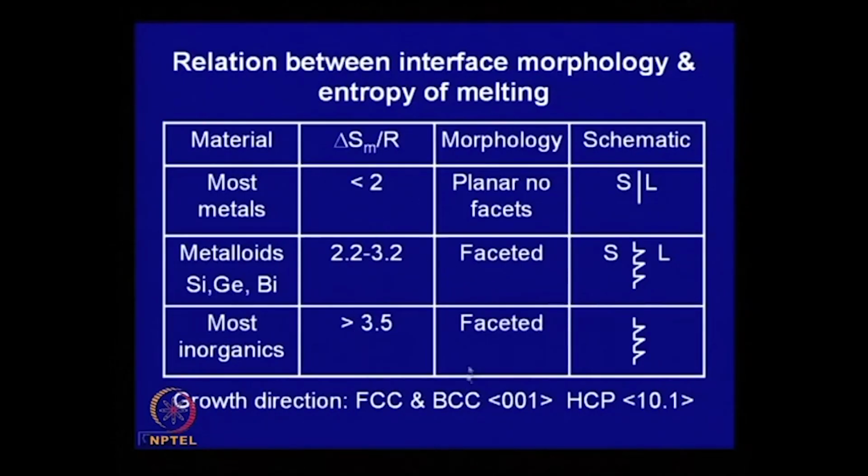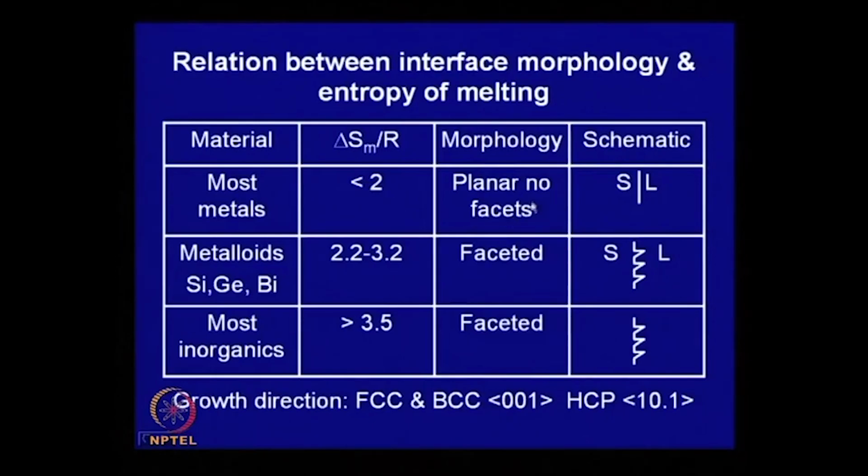Looking at the thermodynamic database, you find that there is a correlation with the entropy change, the entropy of fusion over R. This is a dimensionless number, and for most metals it is less than 2.